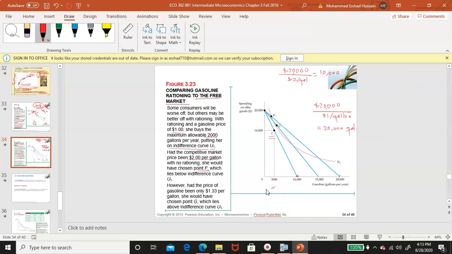However, had the price of gasoline been only 1.33 per gallon, she would have chosen point G, which lies above indifference curve U1.